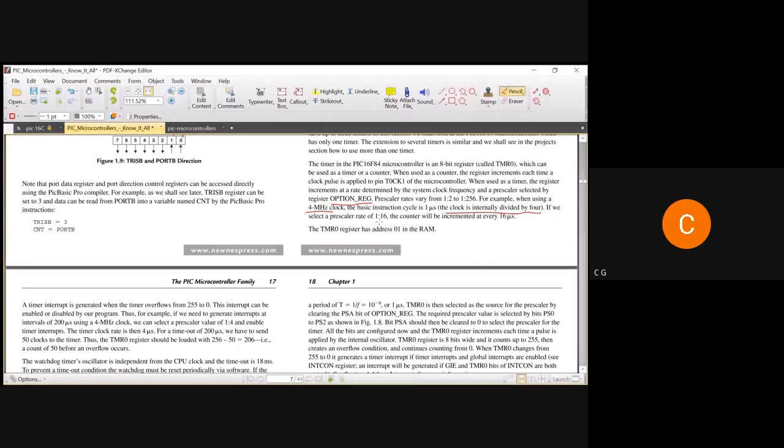So that much amount of microseconds will be utilized for a cycle. It will be 0.25 microsecond. In our world, we say 1 upon 4 megahertz, so it is 0.25 microsecond.